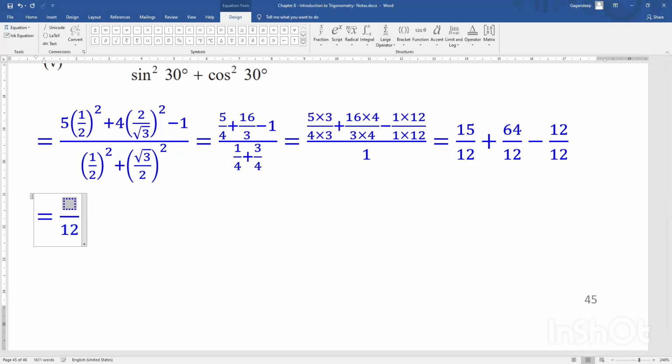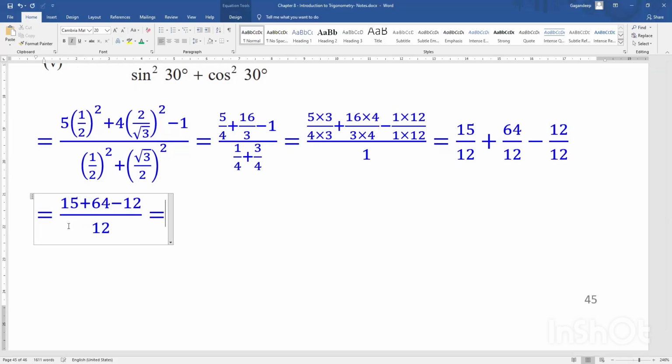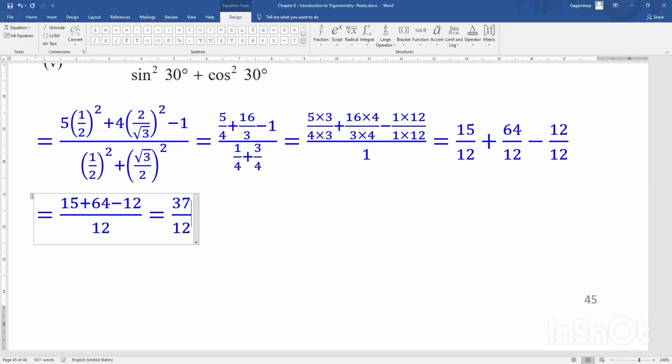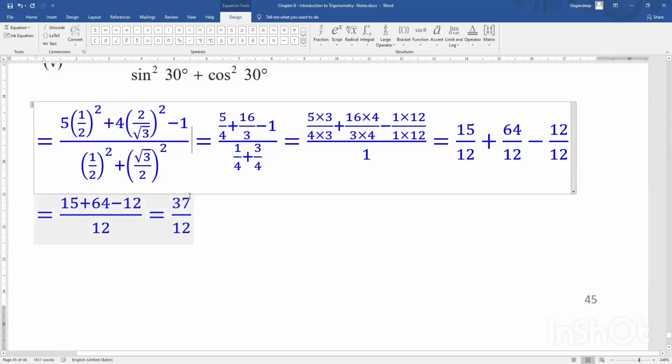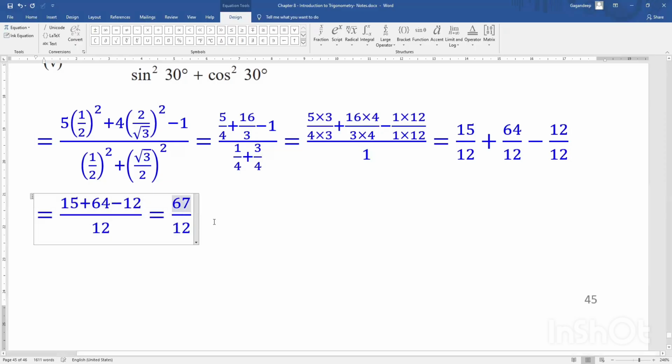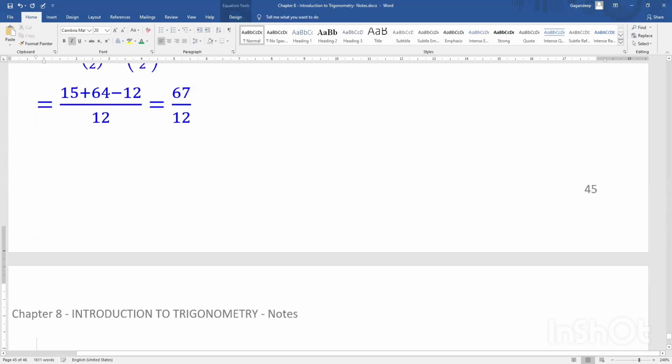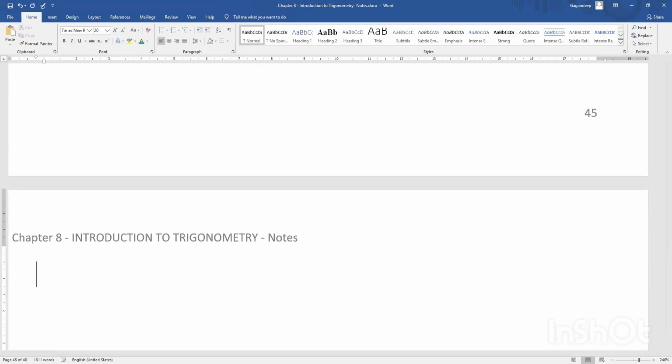Then numerator I can write like this: 15 plus 64 minus 12. It's equal to. So here we get it as 67 by 12. That's your final answer. Then I go for the second main.